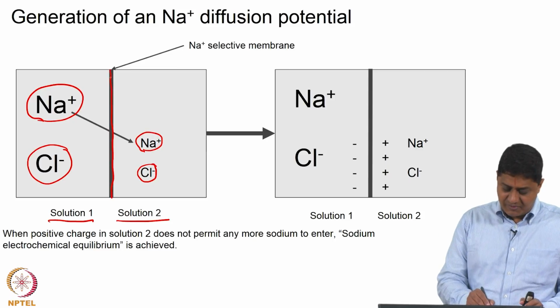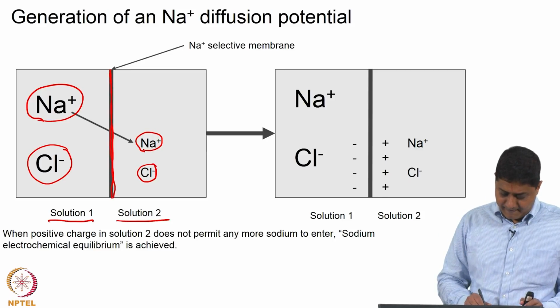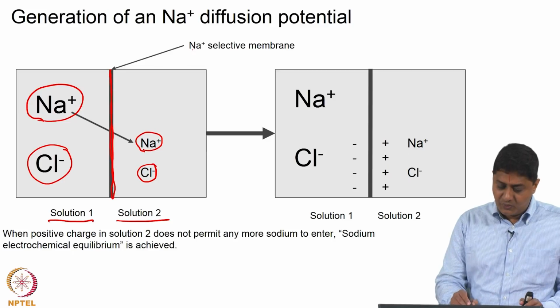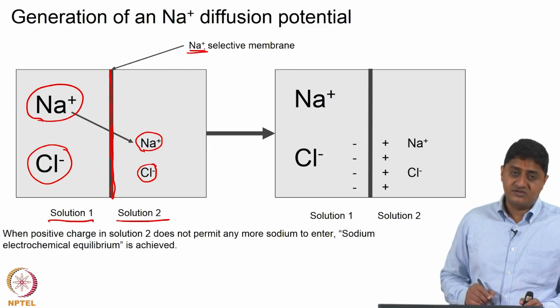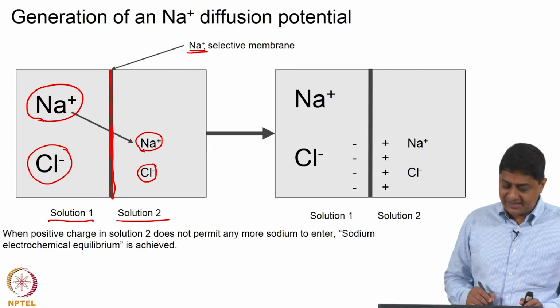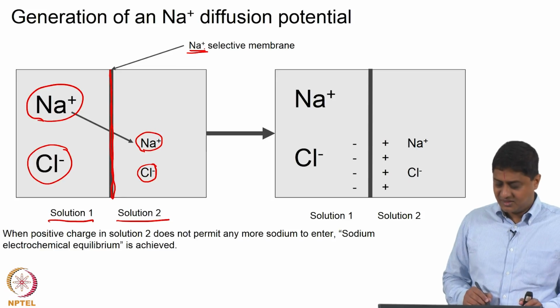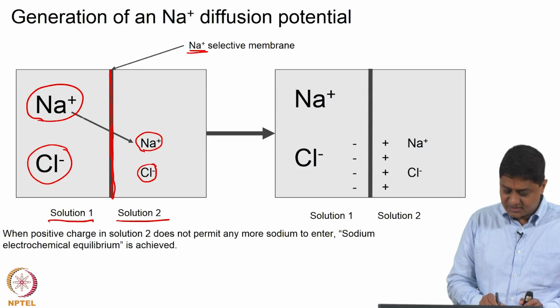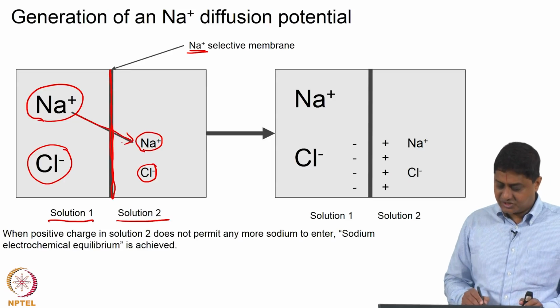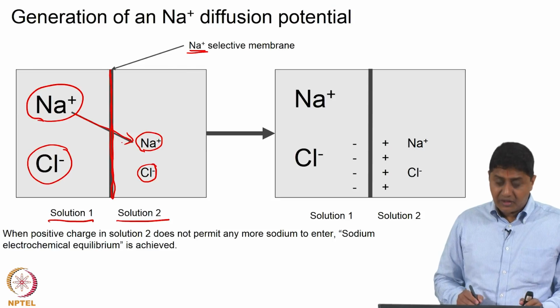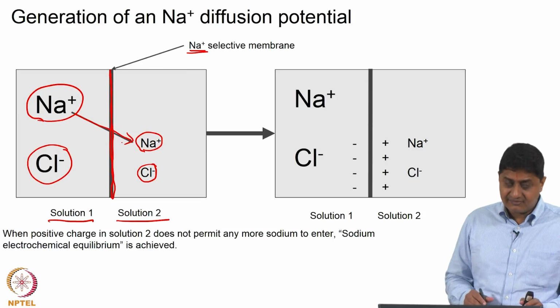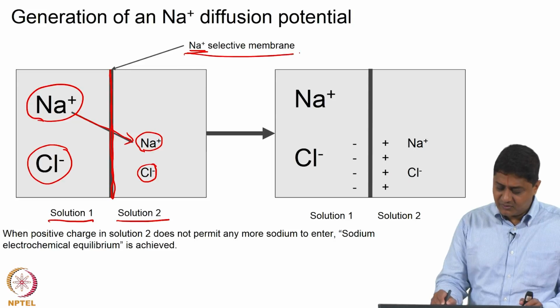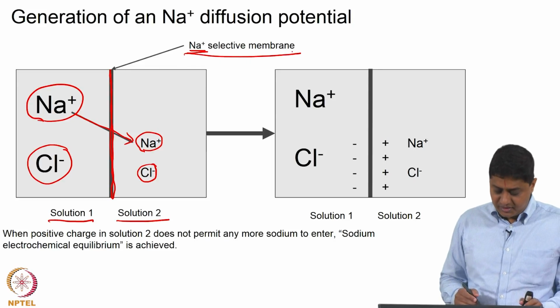Suppose this semi-permeable membrane was permeable only to sodium. So, this is a sodium selective membrane. If that is the case, then only sodium diffuses across this membrane in that direction. Chloride cannot diffuse because this membrane is permeable only to sodium and not to chloride.